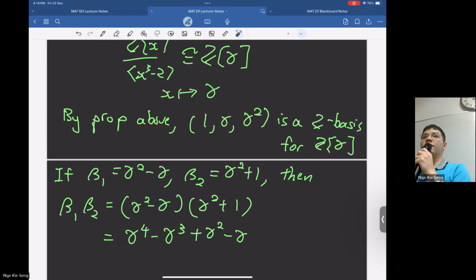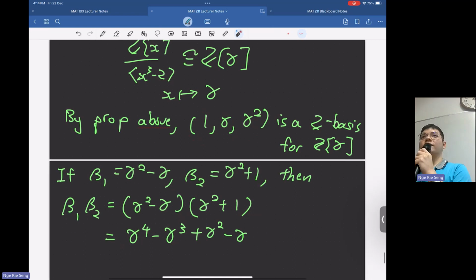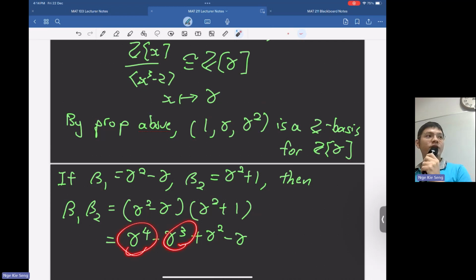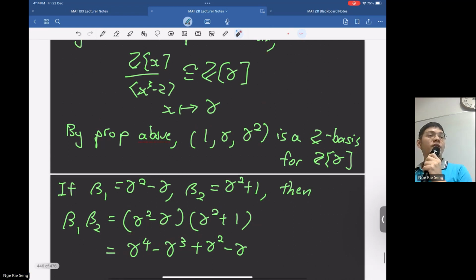How? I don't say I can. What do you mean by linear combination? Yeah, how to reduce this higher degree term? Divide by what?